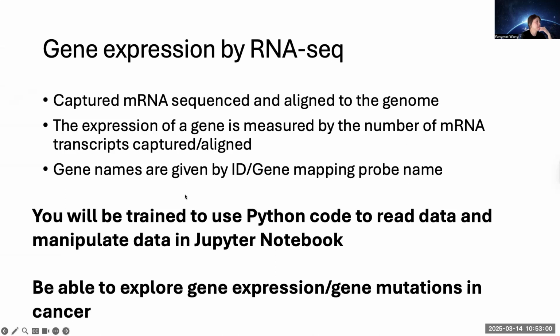This is measured by messenger RNA transcripts captured and aligned. The biologists have really worked hard and have a systematic way of naming all the genes. They provide a file called the ID gene mapping probe name, and you use that to know the name of the gene.